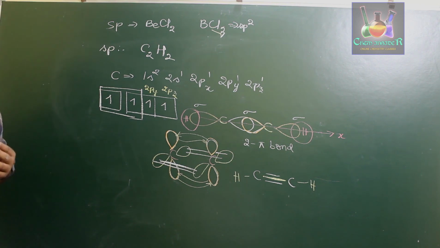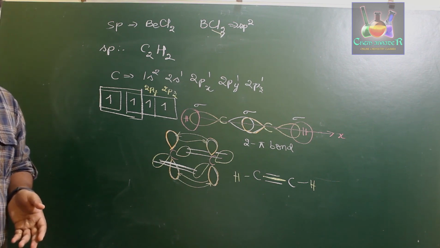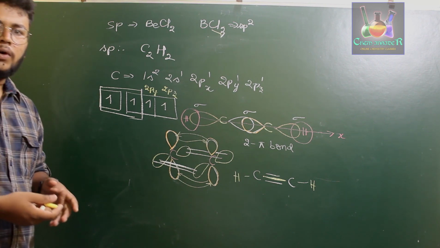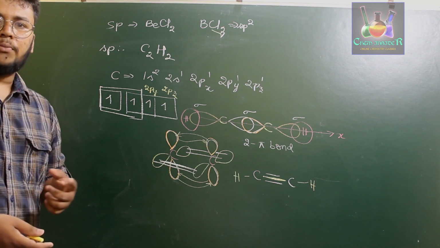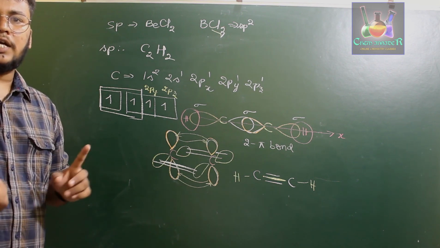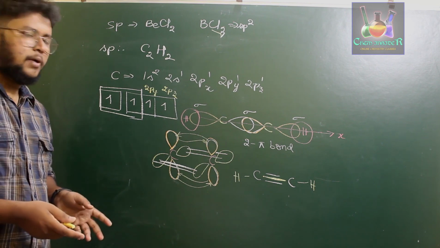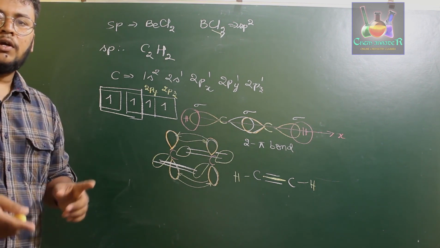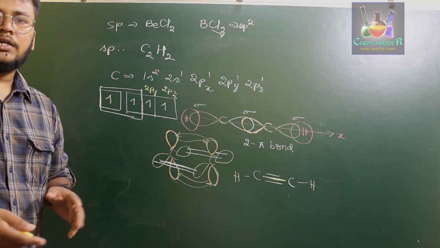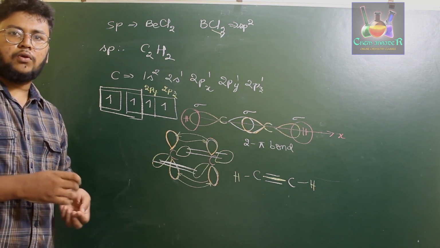So carbon atoms or any compounds which have more than the required electrons for undergoing a certain hybridization are involved in the formation of pi bonds by sideways overlapping if present on both sides. If there are no pi electrons present on both sides, then there will be no pi orbital overlapping.